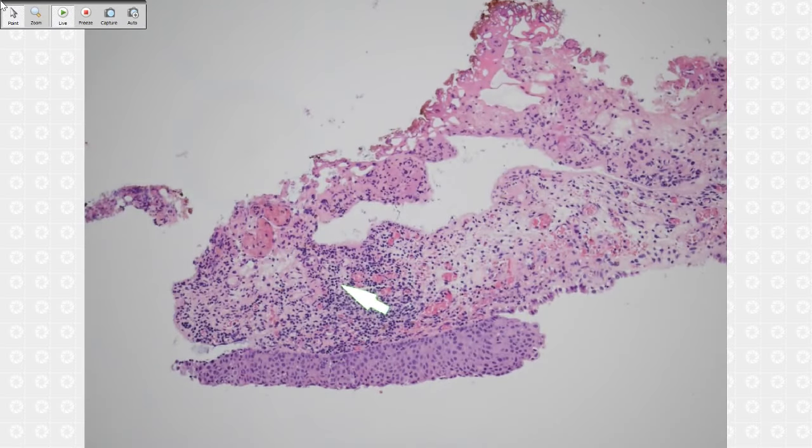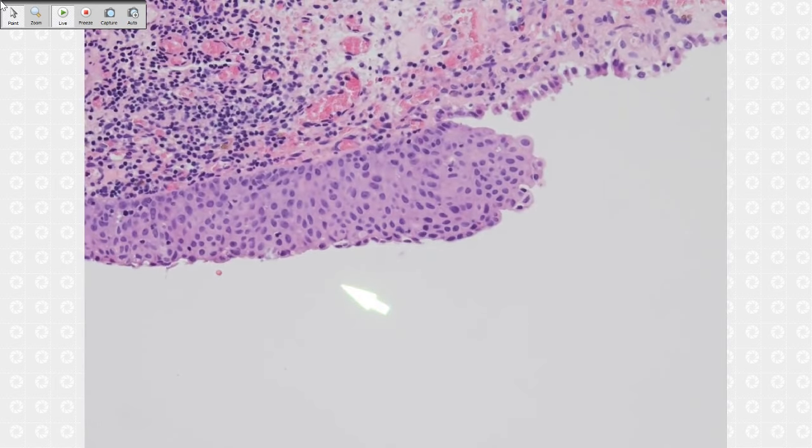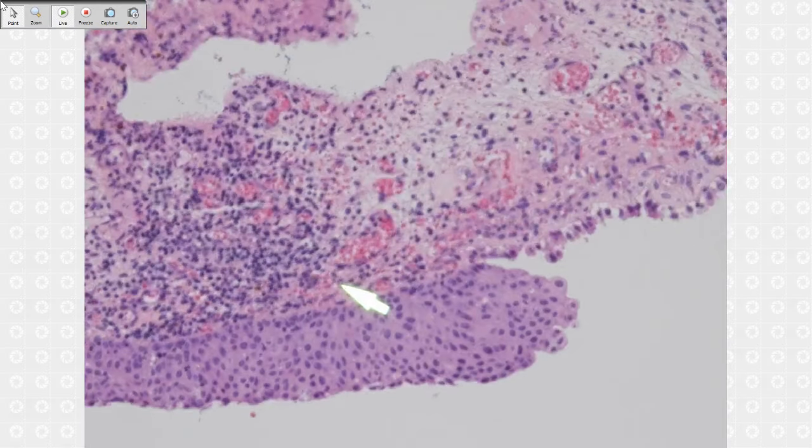Okay, then I go to the next one, 8024. So this guy, the patient had urothelial carcinoma, then a follow-up biopsy, right? So what are we going to call this one?